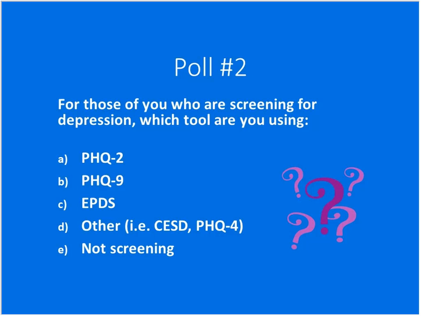Okay, so I'm closing the poll. And it looks like about 1% of you are using the PHQ-2, 47% of you are using the PHQ-9, 19% of you are using the Edinburgh, 5% are using another type of screening, and 1% of you are not screening.